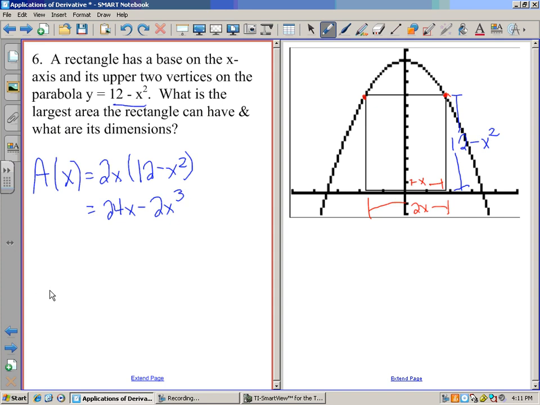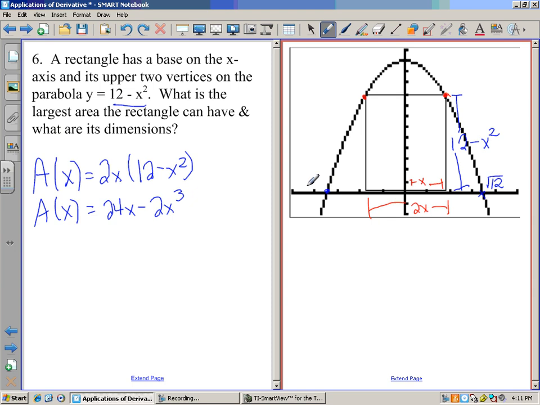And now I can consider this area function, and I can consider its critical points and its endpoints. Now, x is limited. X cannot be wider than the parabola is. So this 0 is at the square root of 12, because if I plug 12 in here, the square root of 12 squared is 12. 12 minus 12 would give me a 0.